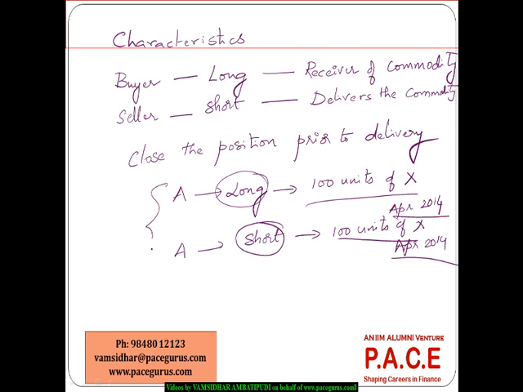This kind of set of positions put together, we say is an offsetting position. It's as good as this party has exited the contract, though in reality he did not exit. With one long and one short for the same number of units, same maturity date, same quality, same quantity, all remaining the same, overall they are offsetting each other. That is one major feature of a futures contract which cannot be done using a forward contract.